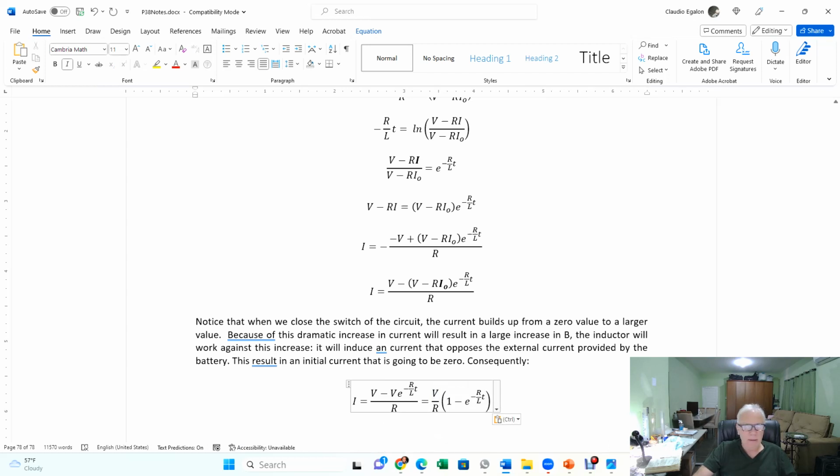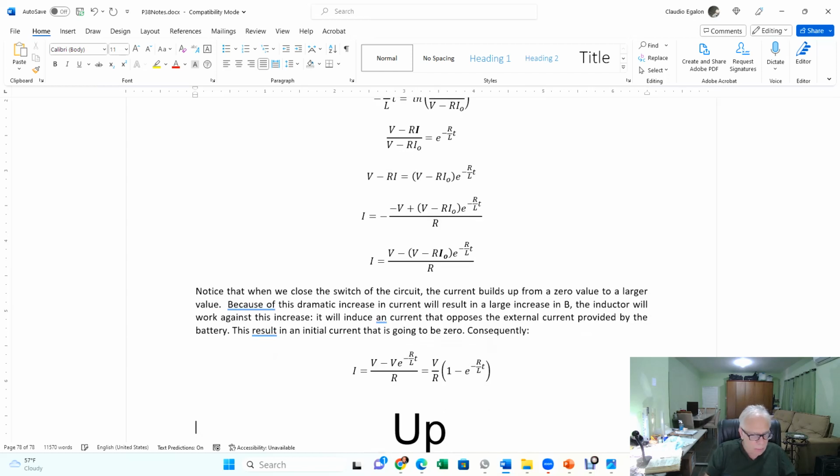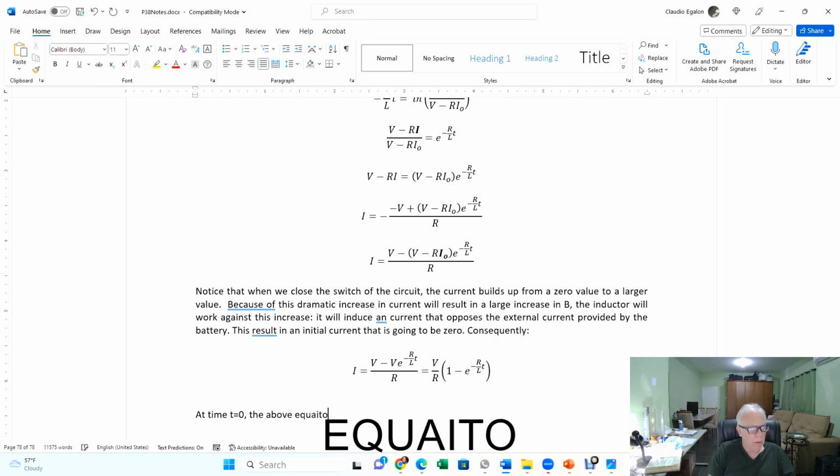Okay, notice that this term here has units of current. So let's see what happens to this at time t equal to 0. The above equation will reduce to 0.